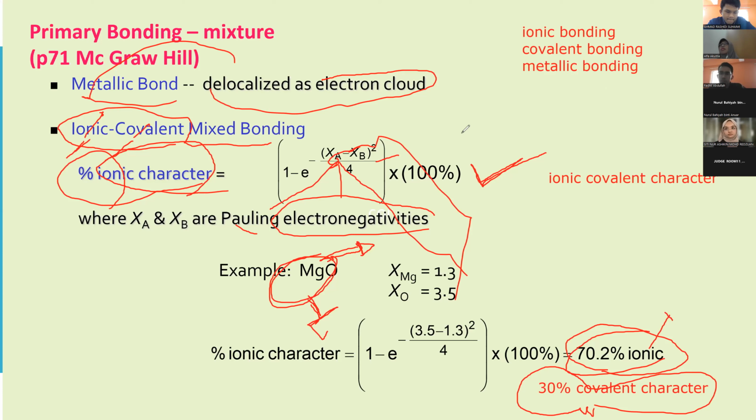So I recommend you learn about it if you have time. Of course you have time, because you're students, of course you have time to learn about ionic covalent character. This is so interesting. You can see the application of ionic covalent character.